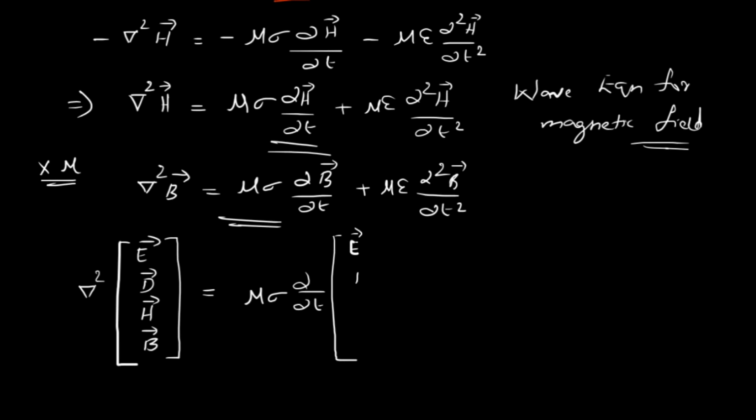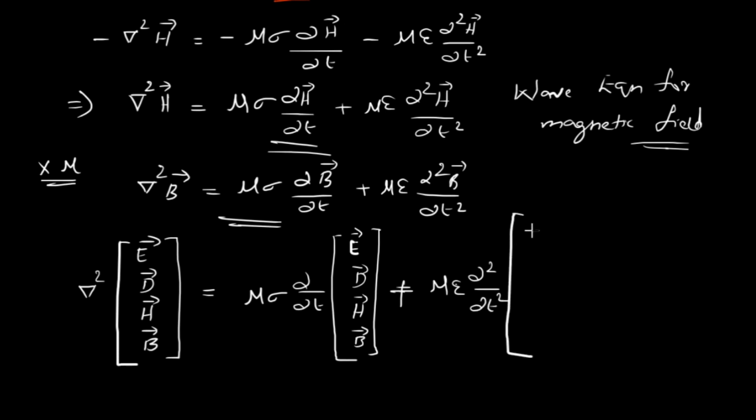E, D, H and B can be treated as a column matrix, and you can find their variation, plus mu epsilon times the double partial differential of the same terms. So this is how we generally represent E, D, H and B.